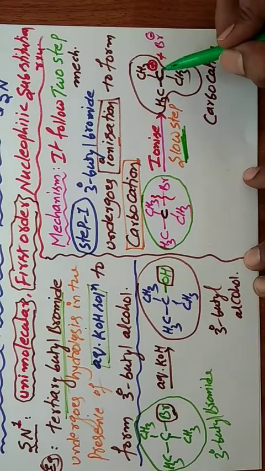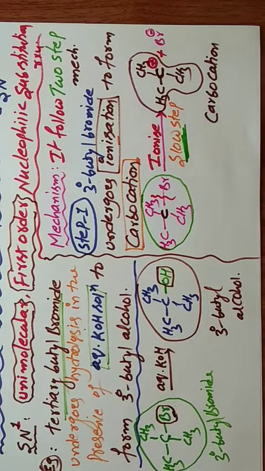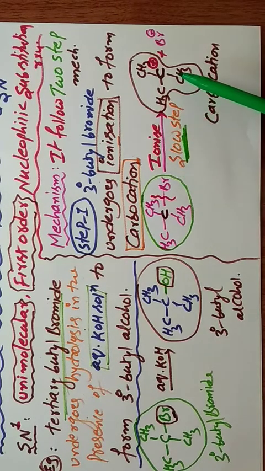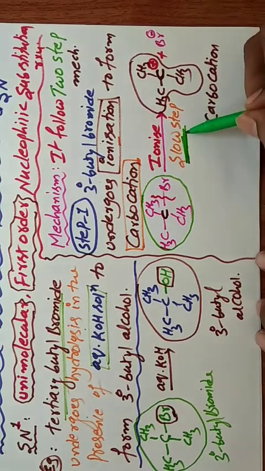Charged particles are always less stable compared to a neutral molecule. This is the neutral molecule, which means most stable. It is converted to a charged particle, which is less stable. So the most stable situation is converted to a less stable situation. That's why this reaction is taken as the slow step.